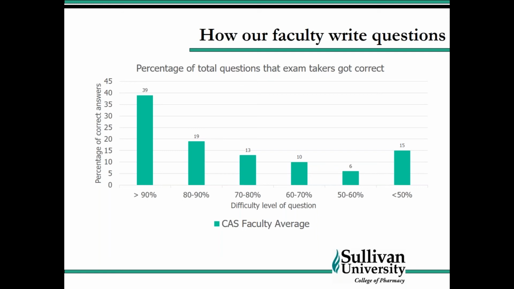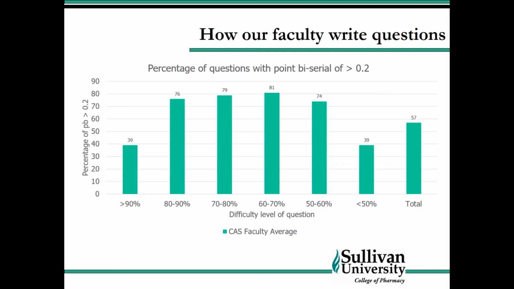When you look at how these questions score, Kim mentioned that we usually try to throw out those with point biserials of less than 0.2. The exception is probably those really easy questions that have a difficulty index of 0.9 or above, because it's very difficult to write an easy lower level question.